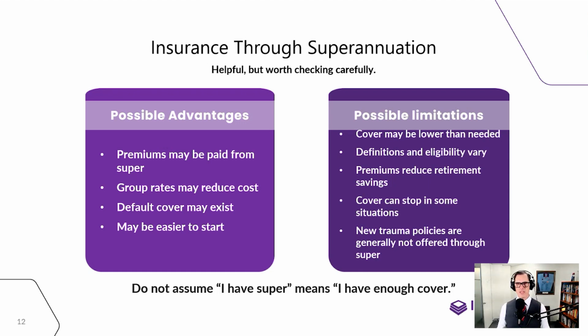They might even be easier to get through super than individually. I don't want to get too much in the weeds here, but group policies are usually not underwritten medically until the time of claim. So even if someone says, well, I have insurance in my super, they probably haven't been underwritten, and that can cause problems if there's a claim.